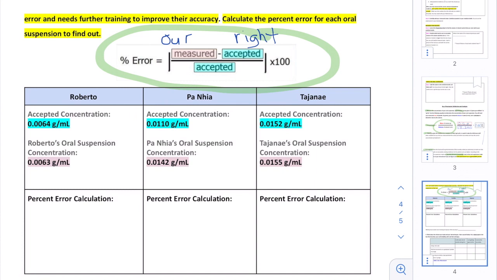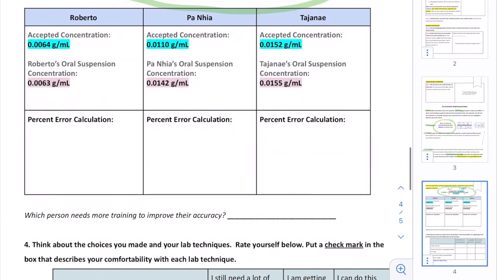All right, so our answer and the right answer, we want those to be almost the same or the same if possible. So let's look at Roberto. It says the accepted concentration is 0.0064 grams per milliliter, and Roberto's was 0.0063.